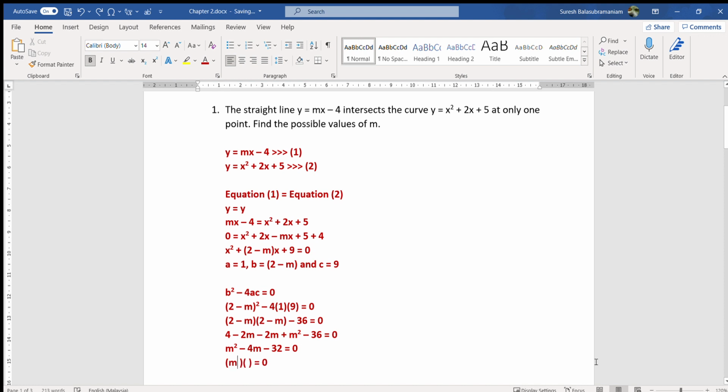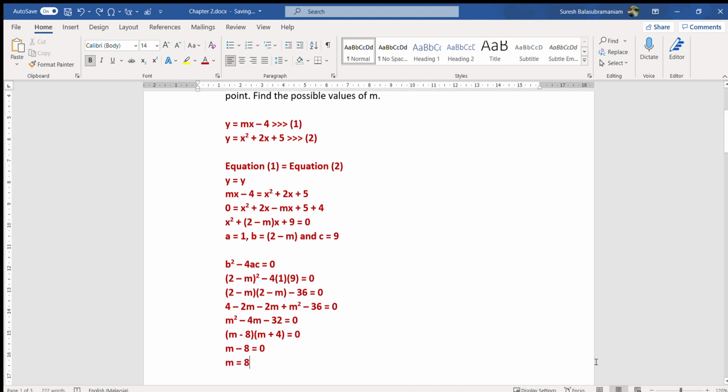Factorize the equation, we get m and m, so 8 and 4, minus 8 and plus 4, so you get m minus 8 equals 0, m is 8, and the other one is m plus 4 equals 0, and m is negative 4. So these are the values for m if both equations given in the question intersect at one point.